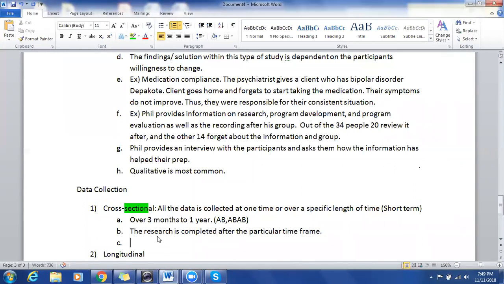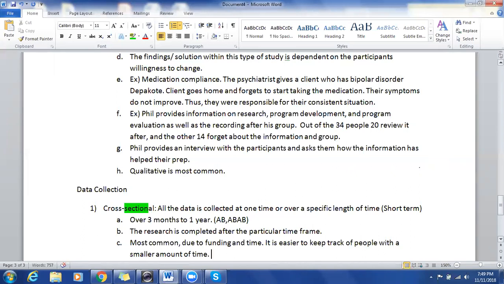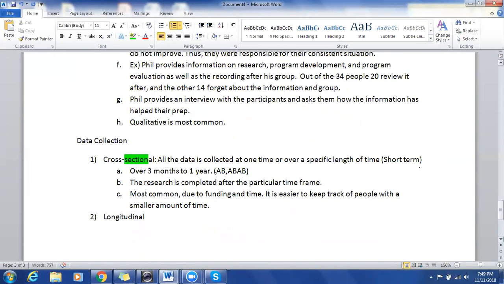All right, so with this, if you can imagine, it's the most common due to funding and time. It is easier to keep track of people with a smaller amount of time. I don't know if you guys have ever had client work, but some clients you'll see for like 3 months solid, and then they're Casper, they're gone.